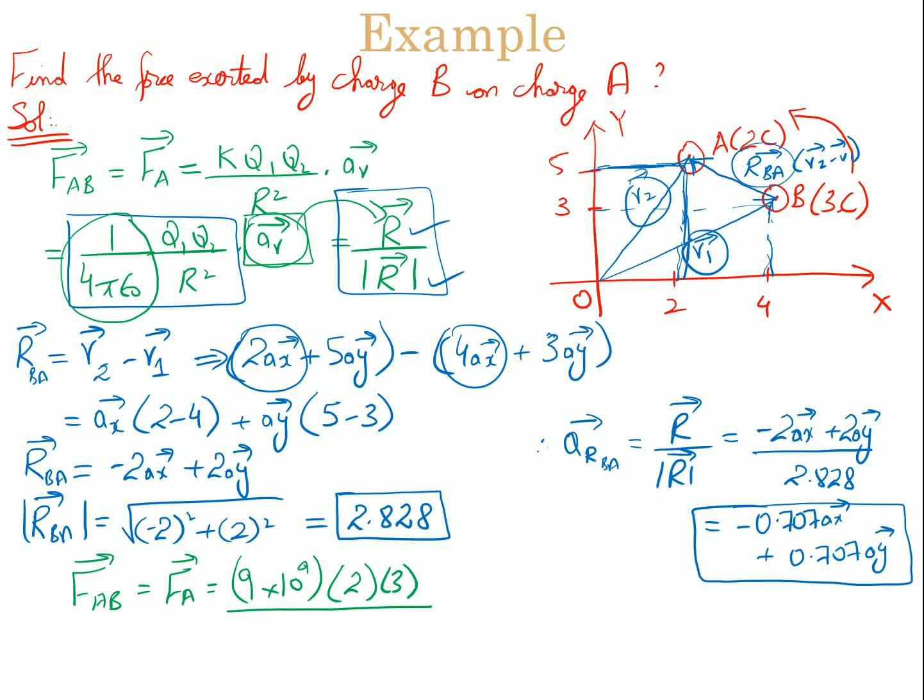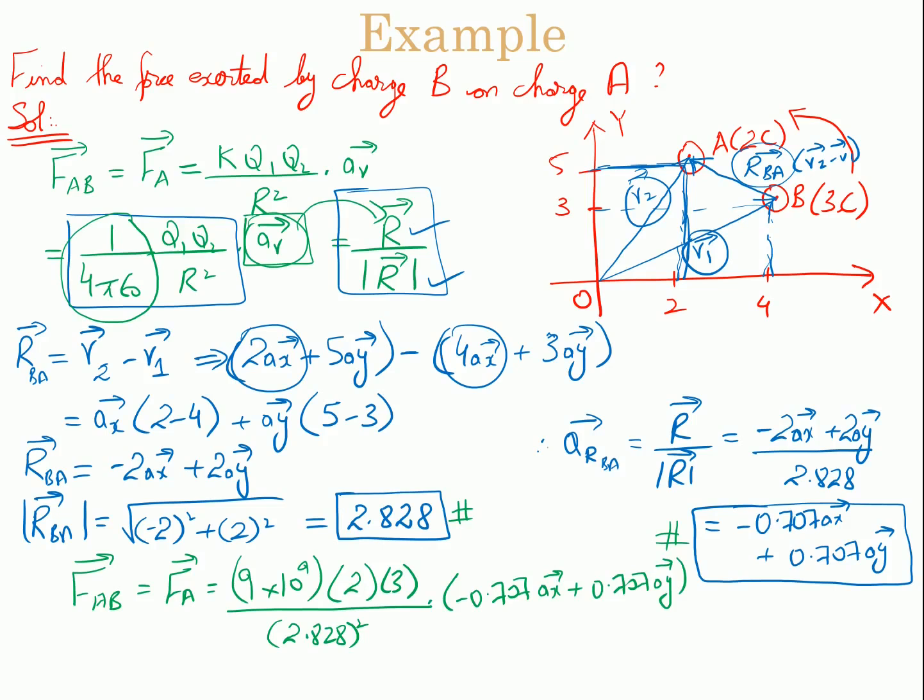So what was r? r was 2.828, so I'm going to write it as 2.828 square, and multiplied with the unit vector. So this is the unit vector that I got, minus 0.707 a of x plus 0.707 a of y.